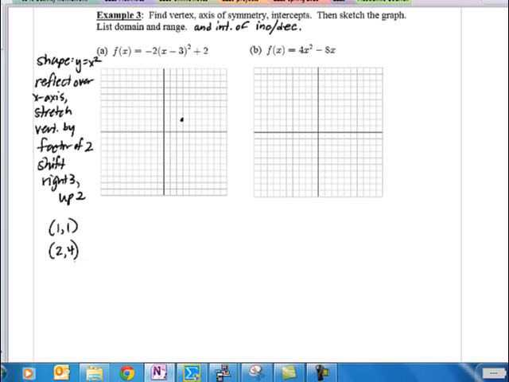If we reflect over the x-axis, the y-coordinates become opposite. We stretch vertically by a factor of 2, the y's get doubled. If we shift right 3, the x's go up 3.